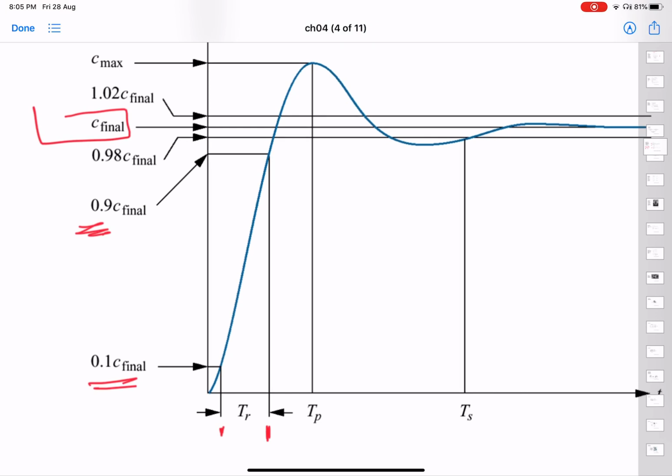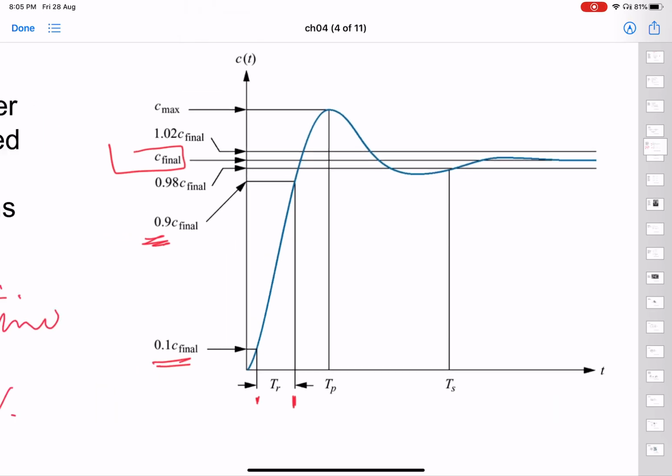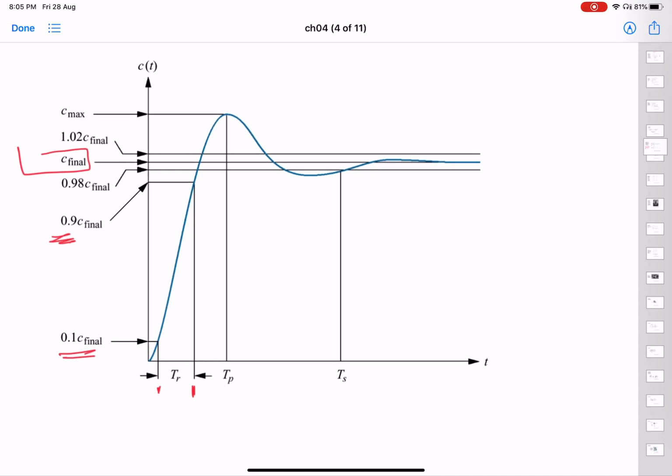In a similar way, we can define the other important parameter which we defined earlier, which was the settling time, which was the time taken to oscillate or settle down between plus minus 2% of the final value.